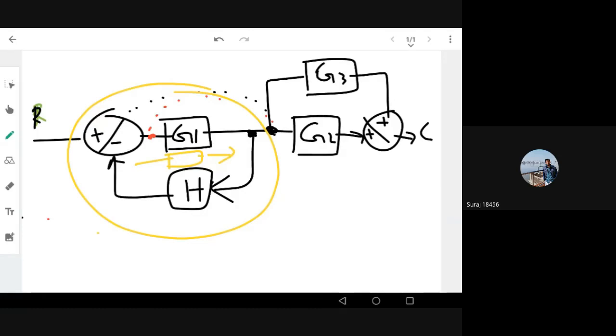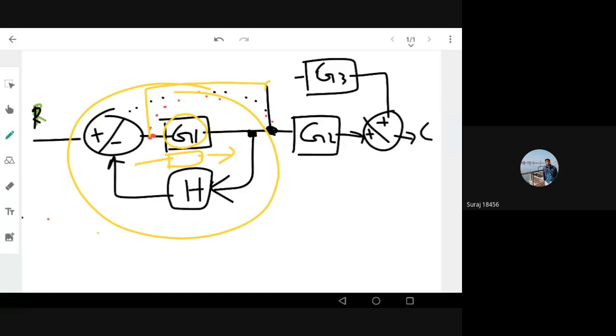But what will happen? Initially, my signal going through here was not going through the G1 transfer function. Now it is passing through G1. So what should I do? I should reduce this extra gain. If I reduce this extra gain, I need another simplification here.